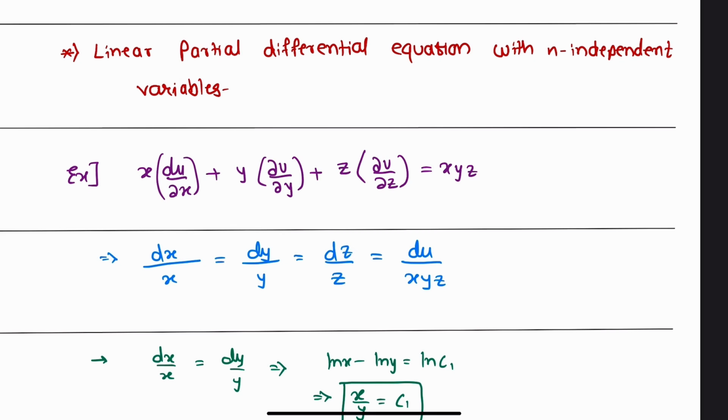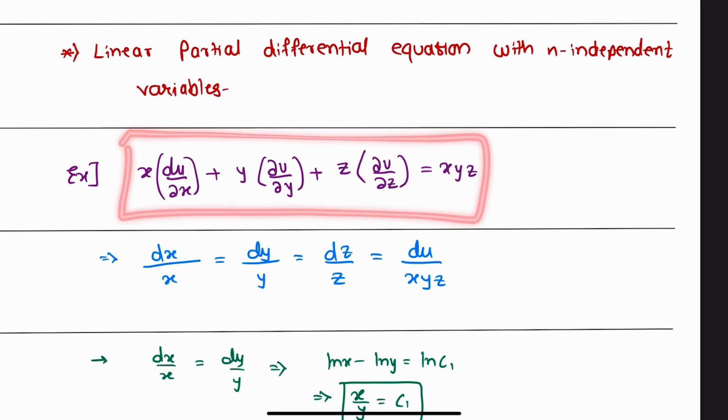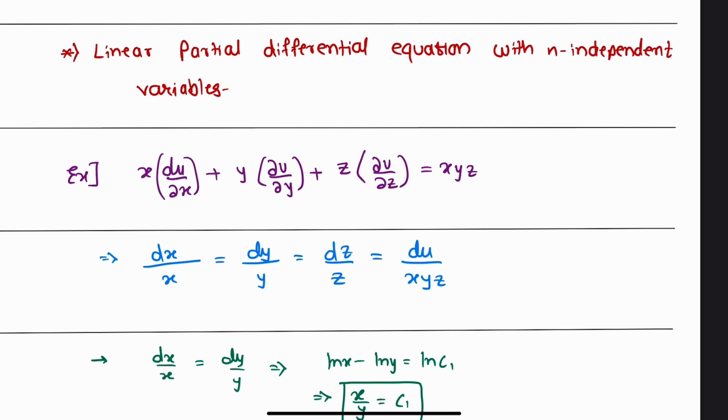Now, let us say we are given this particular example: x dou u by dou x plus y dou u by dou y plus z dou u by dou z equals xyz. Now, if you see here, earlier what we used to have is p into p plus q into q equals r, correct?